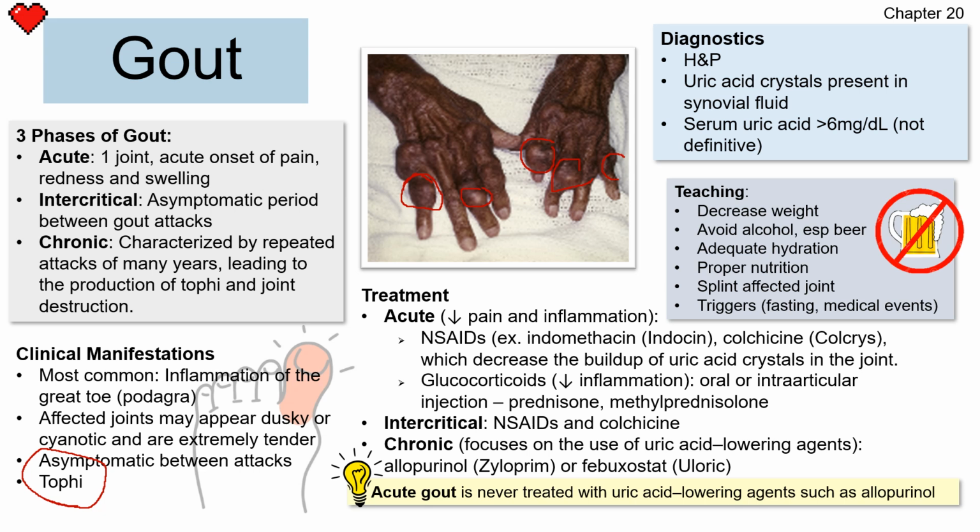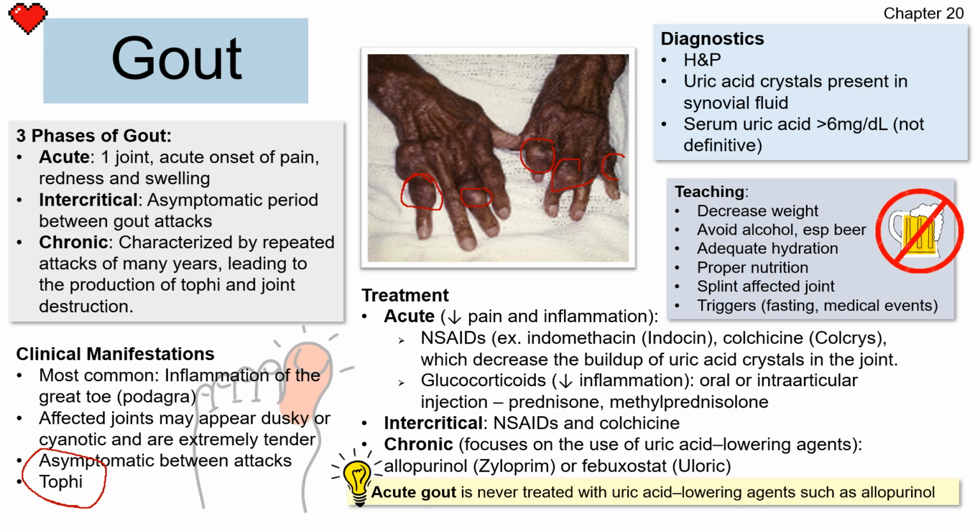Diagnostics, H&P, we're going to get a good history. Are you drinking a lot? You know, what are your habits? What is your lifestyle? A head-to-toe assessment, we're going to look for signs and symptoms of joint pain and swelling, inflammation, and that tophi. The only definitive way to diagnose gout is to aspirate fluid from the synovial compartment there where the two joints meet, and then you'll see the presence of uric acid crystals.